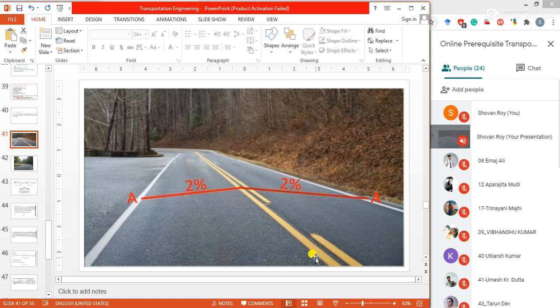So less water content, more durability of the pavement or our road. So to prevent the water content or rainwater, we should provide this kind of slope on our road surface.